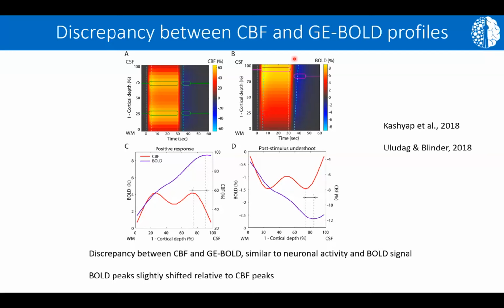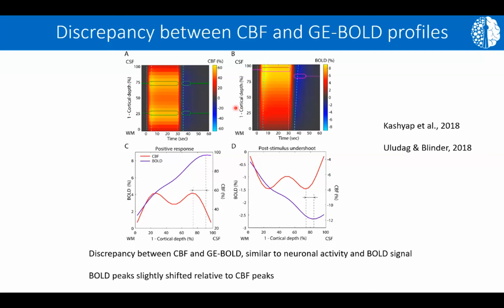This is the gradient-echo BOLD signal. You will agree that these two peaks are not very well represented. Okay, these two peaks are not at all represented in the BOLD signal.